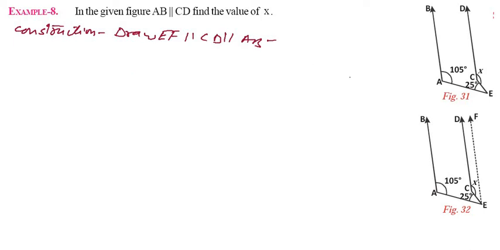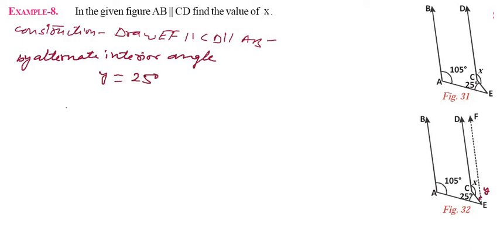Now you can see in this figure, suppose this angle is Y. You have to write here. So by alternate interior angle, that means Y must be 25 degree.